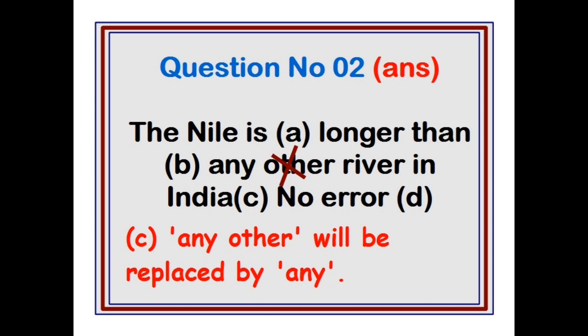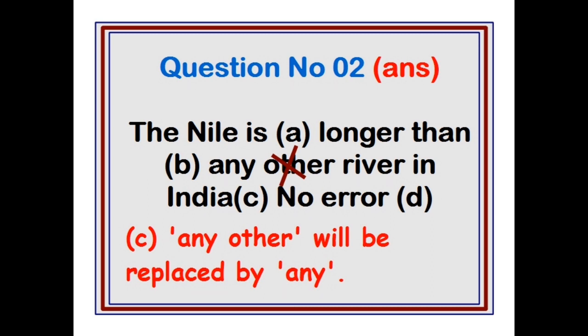But as the Nile is not included in the group it is compared with in this particular sentence, we have to write, the Nile is longer than any river in India. Clear? So here the error lies in the C part.